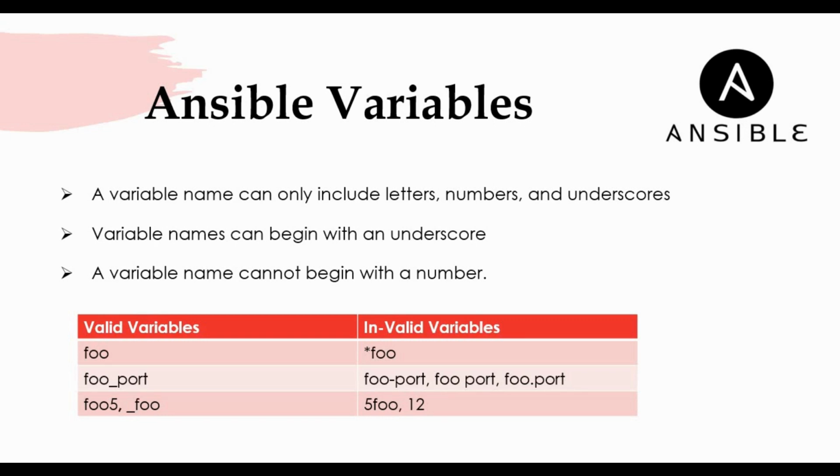But if you use foo hyphen code, or a space, or a dot, those are invalid, so you cannot use those characters when creating variables. At the same time, foo5 is valid, but if you start the variable with a number, like 5foo or 12, it is not a valid variable.